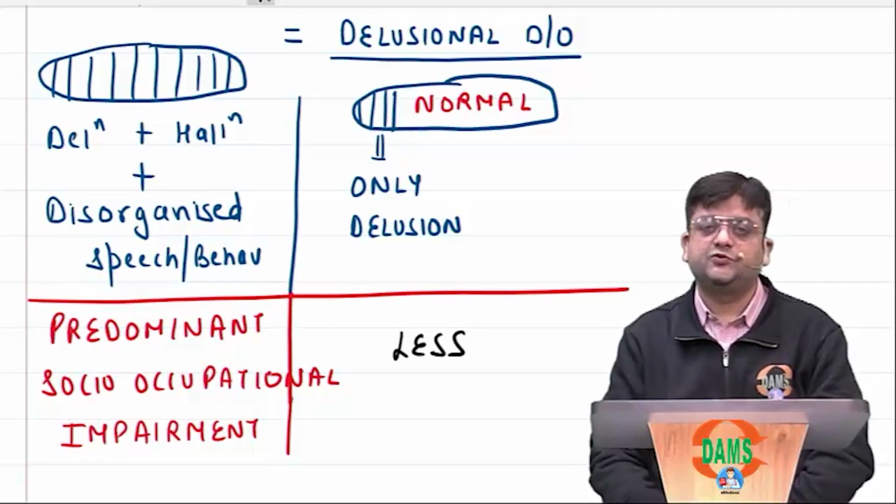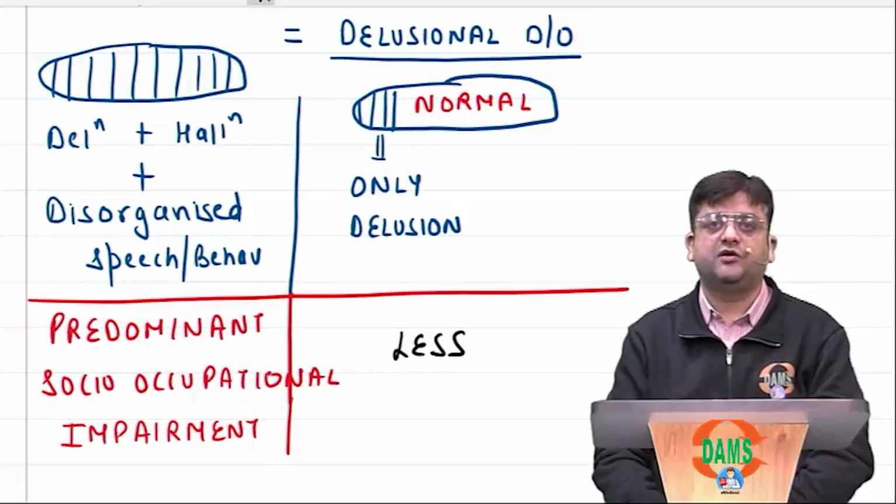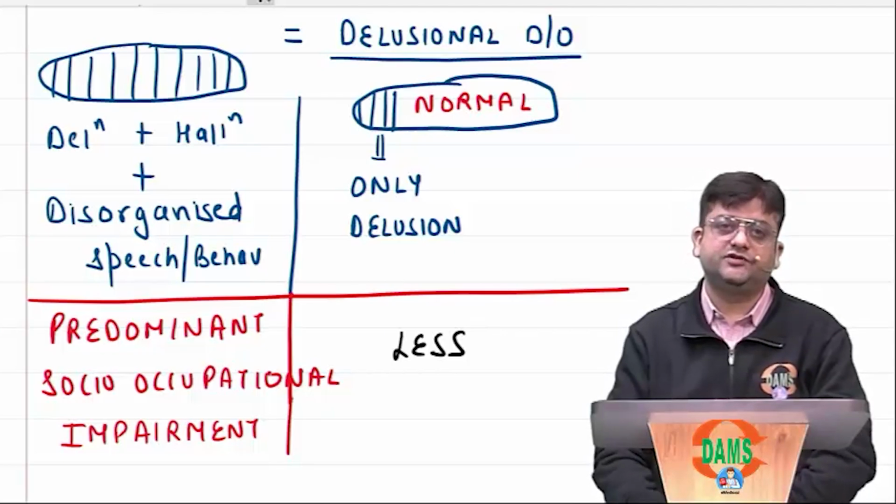What do you mean by socio-occupational impairment? Socio means society function. Occupation means job. Your society function and job are more affected in schizophrenia, less so in delusional disorder.